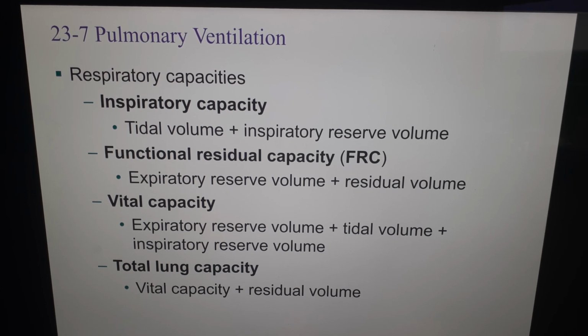So your expiratory reserve volume, your regular tidal volume, and your inspiratory reserve volume. So think about it. If you pushed out as much air as you could, took the largest breath in that you could, and then pushed out as much air as you could again, that would be your vital capacity. So your total lung capacity is your vital capacity plus your residual volume.